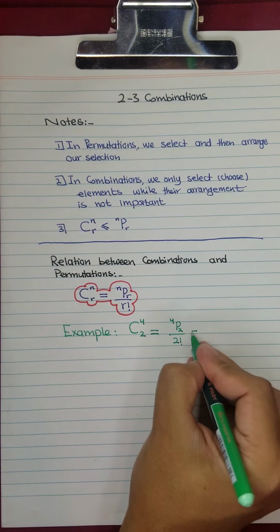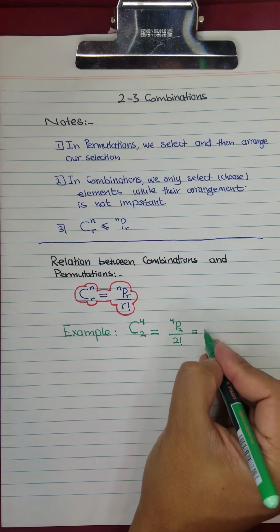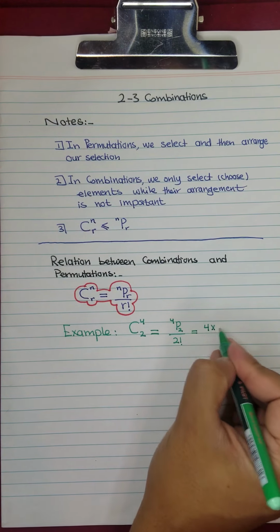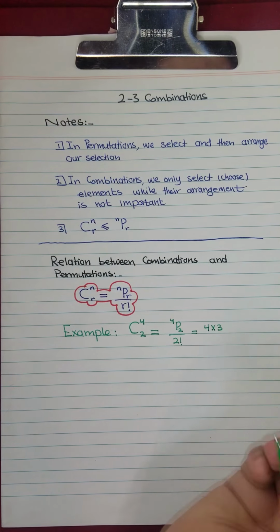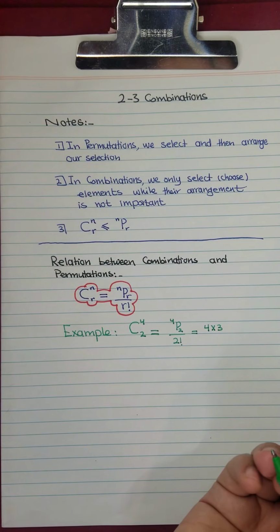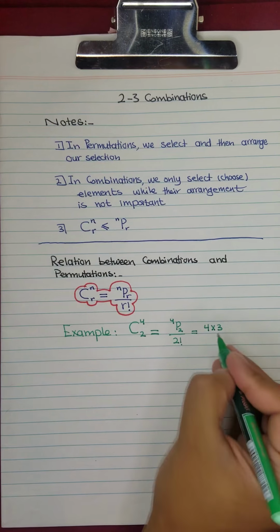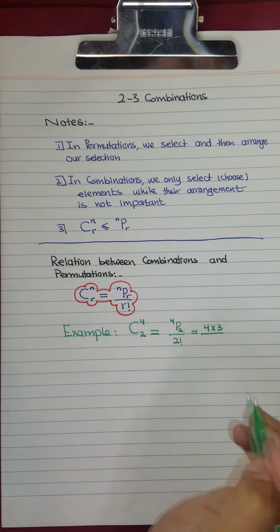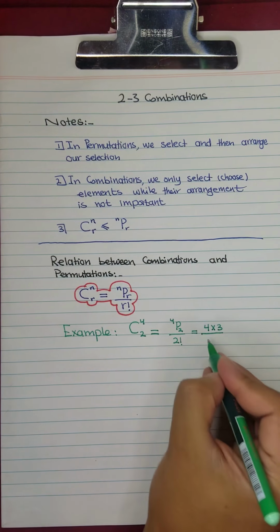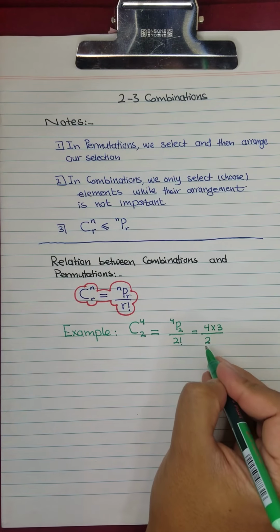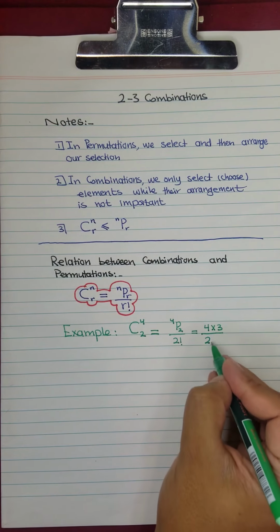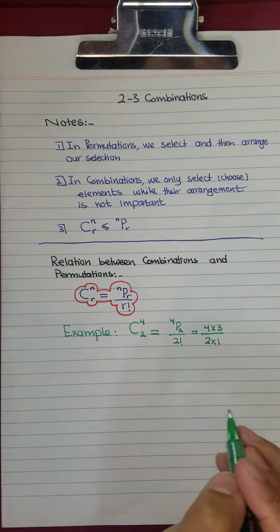Now, 4 permutation 2 means 2 actions starting from 4 and then to 3. So that's 4 times 3. Over 2 factorial is going to be 2 numbers that start with 2. So it is 2 times 1.